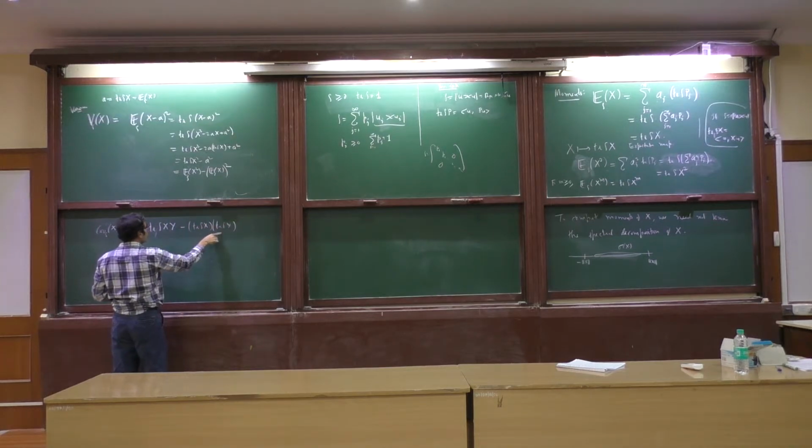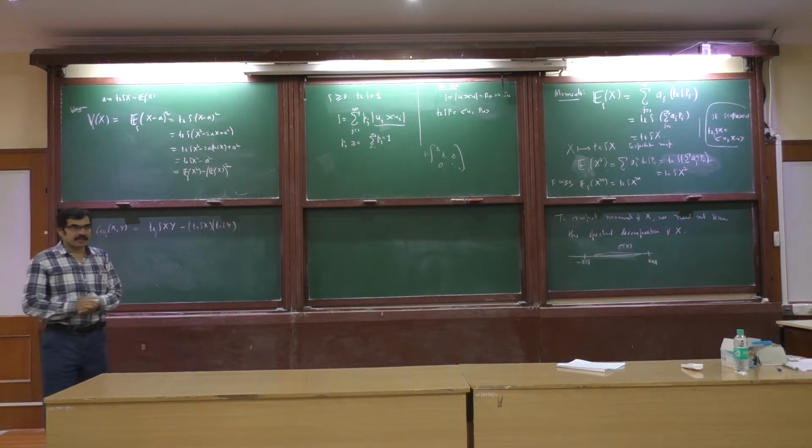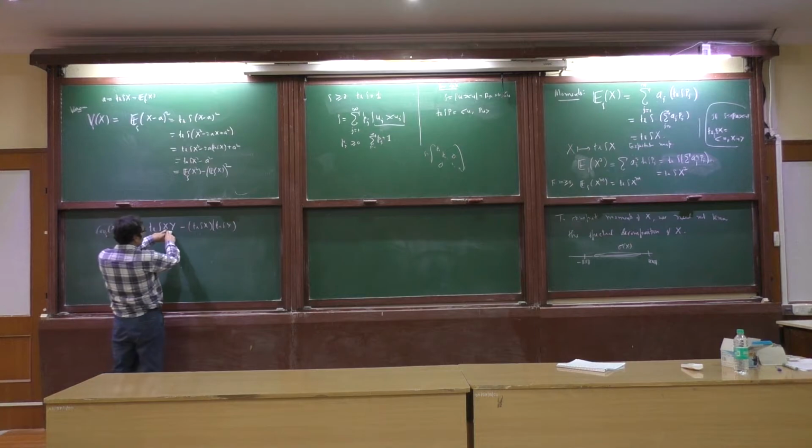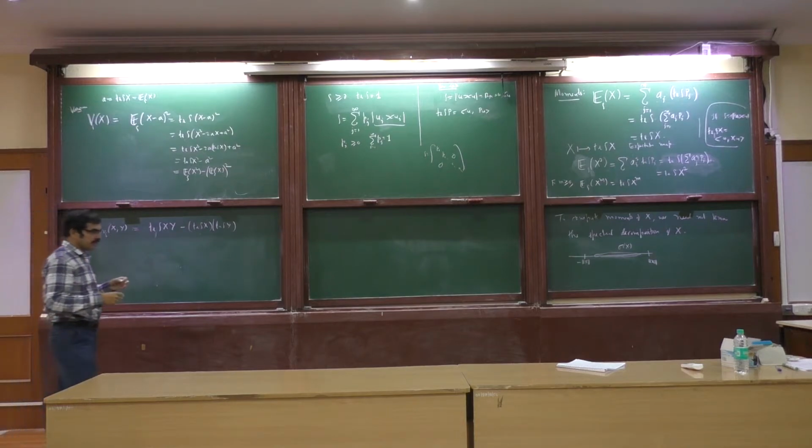This is by definition the covariance. You can also write it as trace rho (x minus the expectation of x) times (y minus the expectation of y), just by linearity.